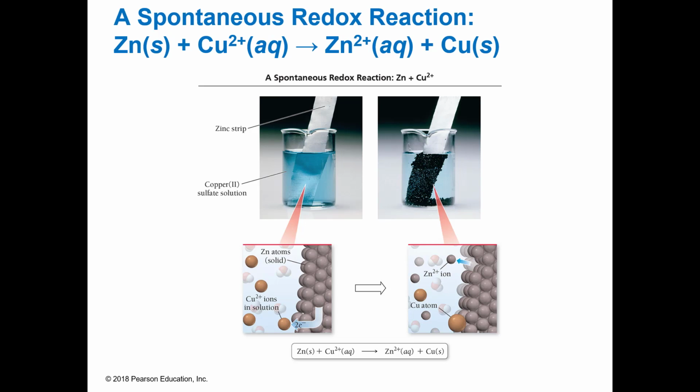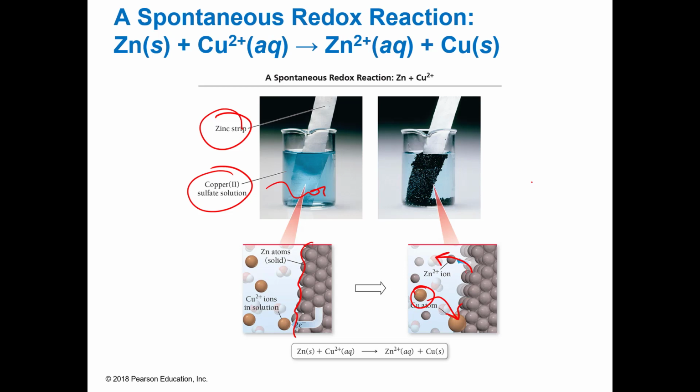So the spontaneous redox: notice that we have a copper solution in here, and that's why it's a pretty blue color, and we have a zinc strip. On the surface of the zinc we have a redox reaction occurring, and so we lose the zinc and we replace it with a copper atom.